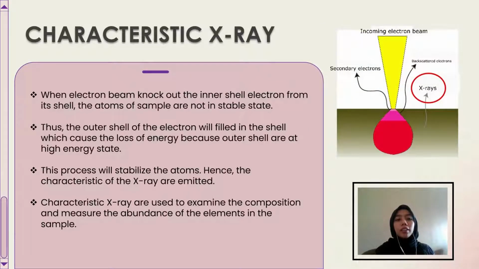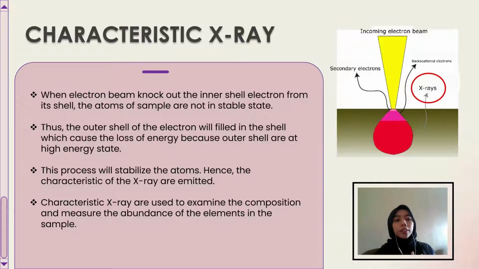Third is characteristic X-ray. Characteristic X-ray is produced when the electron beam knocks out an inner shell electron from its shell, so the atom of the sample is not in a stable state. Thus, an outer shell electron, which is in a high energy state, fills in the shell, which causes a loss of energy.